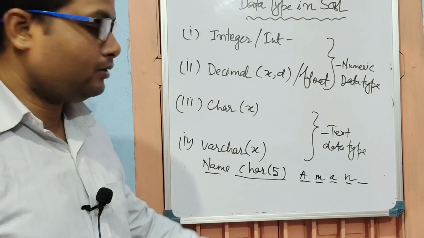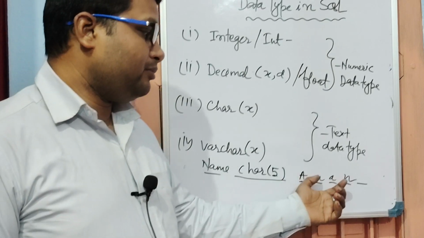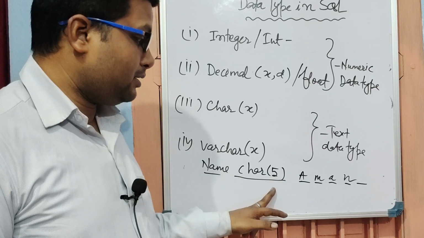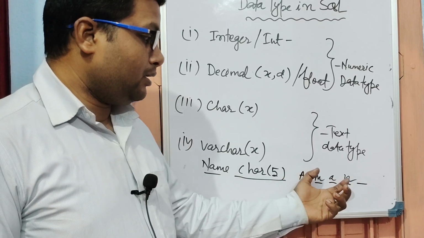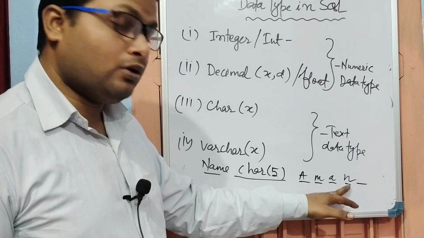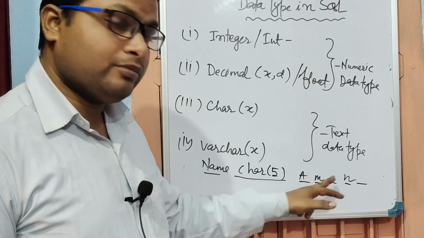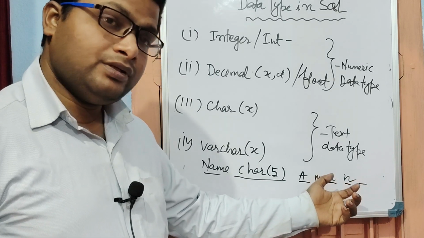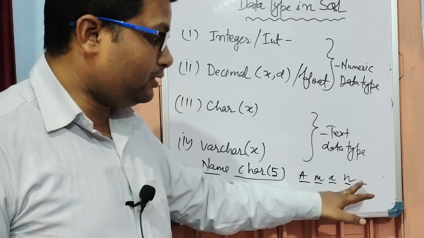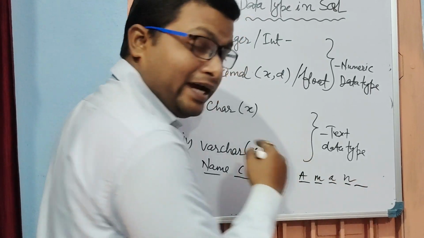So if you have stored the name Aman with the data type char, in that case char will consume all 5 bytes of memory allocated. The unused space will not be freed in char.